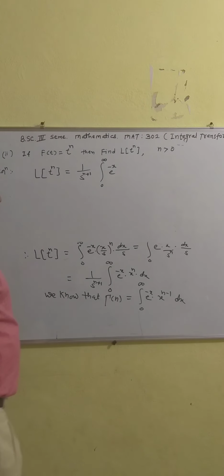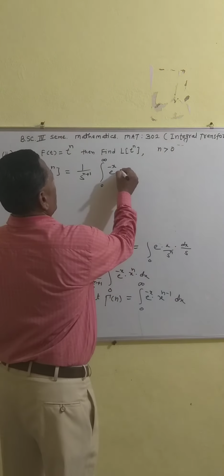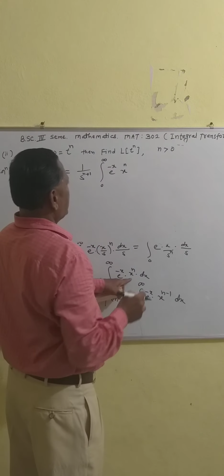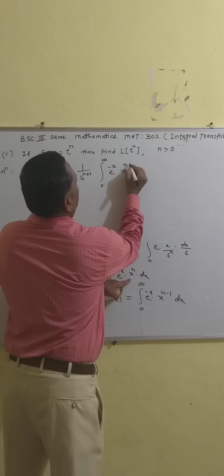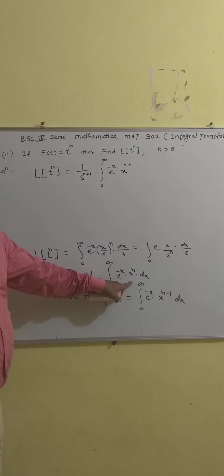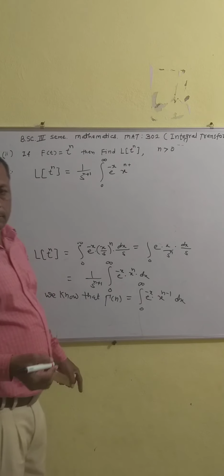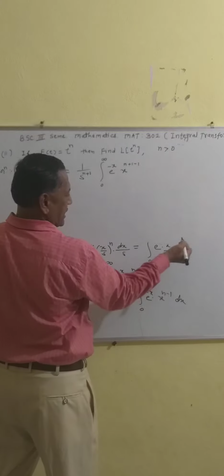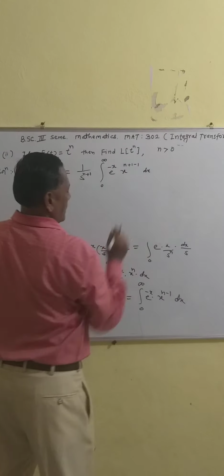So what do you write? x raised to n, so you add and subtract 1: x raised to n plus 1 minus 1. Isn't it? n plus 1 minus 1, and integration is with respect to x, dx.